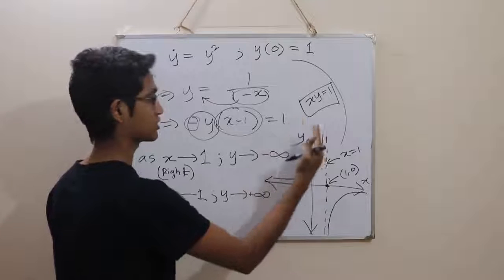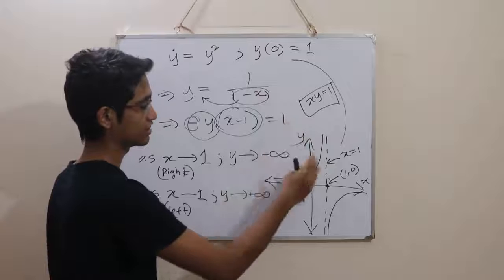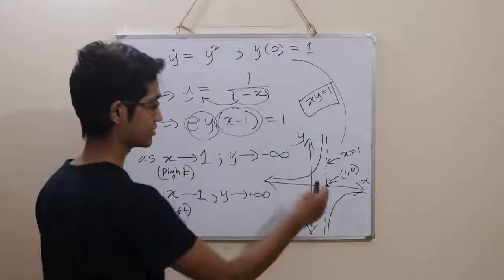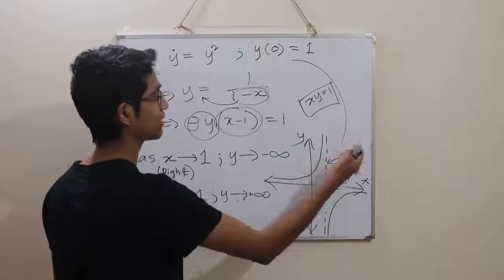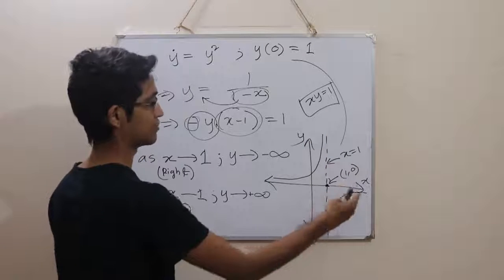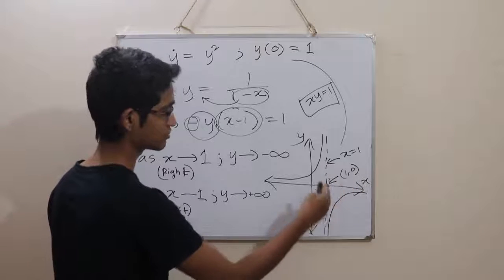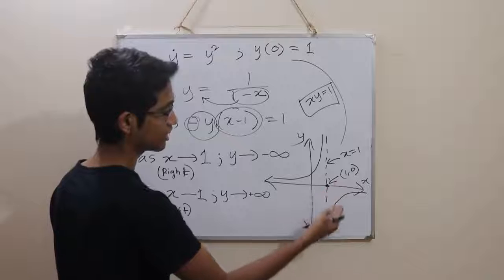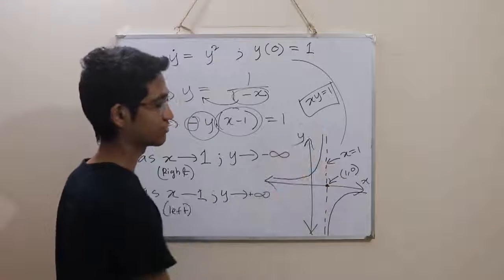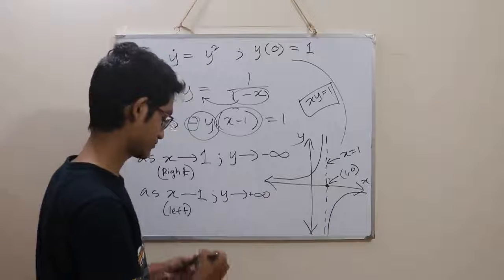This gets slowly closer to 1, but until y reaches infinity, it does not touch the line 1, and so we can never get over the line 1 and go to this side. And it is also the case for this side. If we approach it from positive infinity, we get closer and closer to the line x equal to 1, but we can never get over it because this line does not touch the line x equal to 1 until y becomes negative infinity.